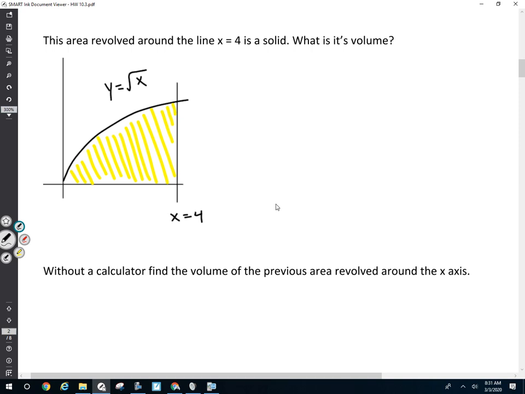All right. Well, we need to be prepared to rotate things around different axes. Like here, I'm rotating this region, y equals root x, y equals 0, x equals 4, around the line x equals 4. So here would be my reflection. It helps to draw this reflection and to draw your cylinders. Just like I told you to draw your rectangles, now we're drawing our cylinders.